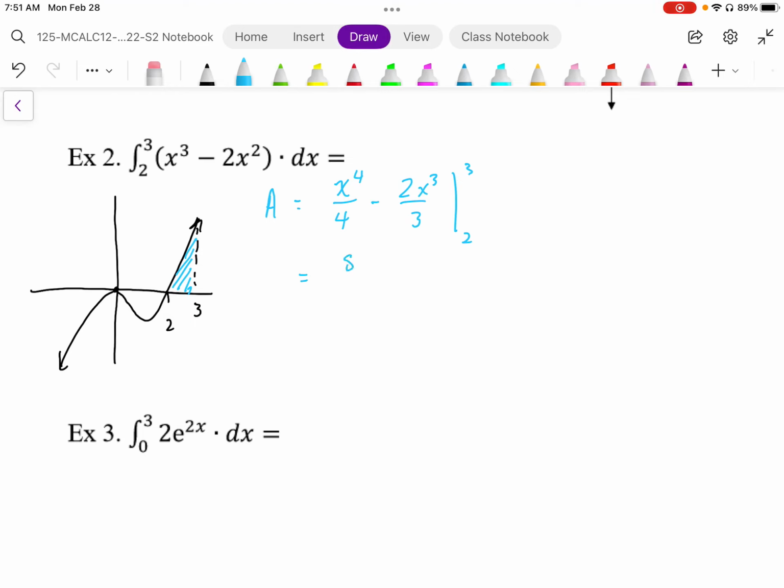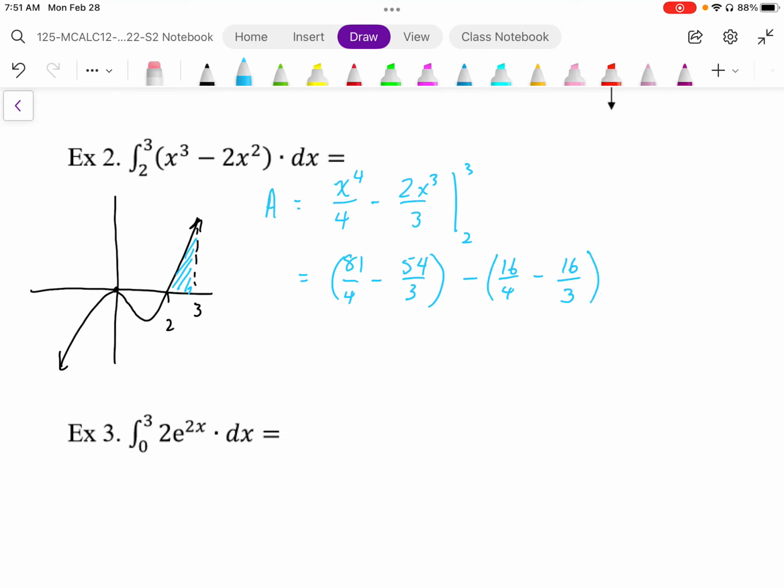So plugging in, I get 81 over 4 minus 54 over 3. Then subtract the lower bound: 16 over 4 minus 16 over 3.